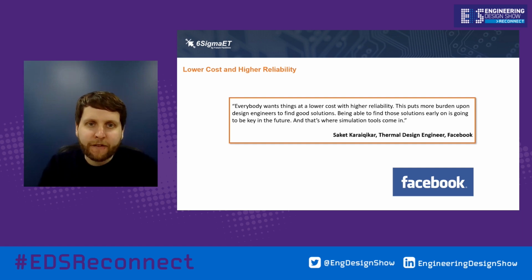And again, another quote from Facebook, thinking about the pressures on engineers: everyone thinks of lower cost with high reliability, which is obviously really challenging. So it puts the pressure on design engineers to find good solutions, and being able to use thermal simulation early on makes this process a lot easier.